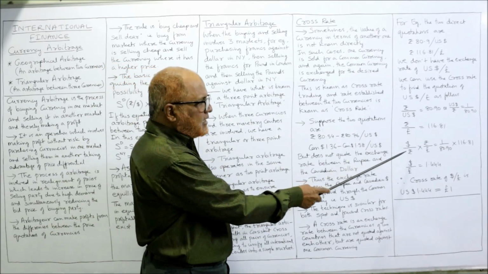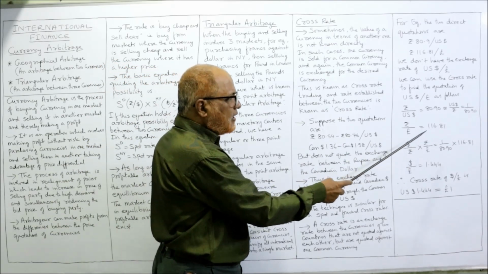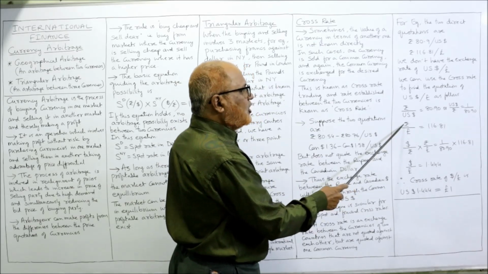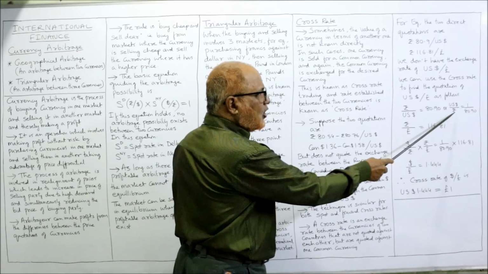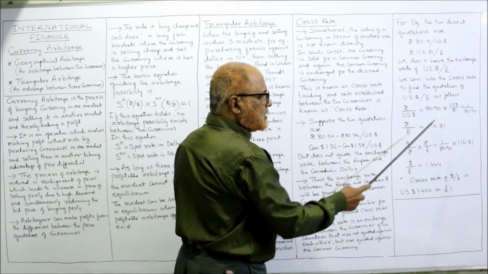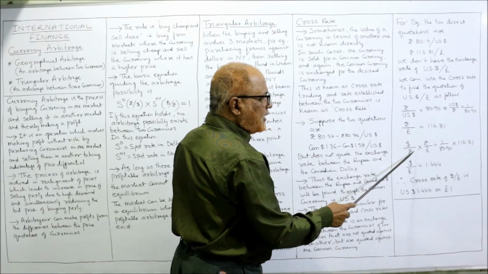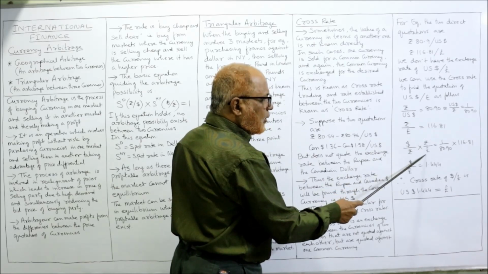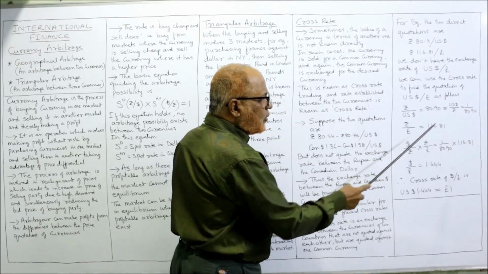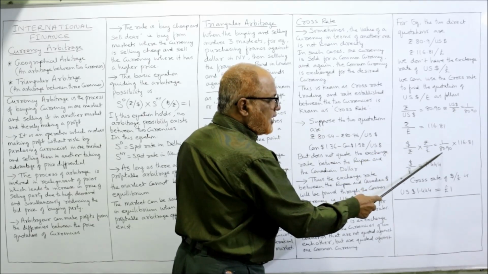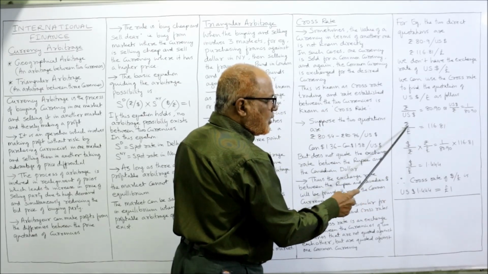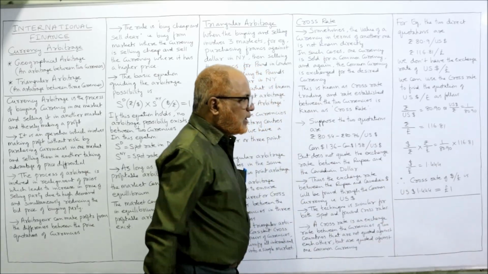Rupees is in the numerator, and now we need it in the denominator. That's why we have inversed. So dollar by rupee into rupee by pound. Dollar by rupee is how much? 1 divided by 80.90, and rupees by pound is 116.81.